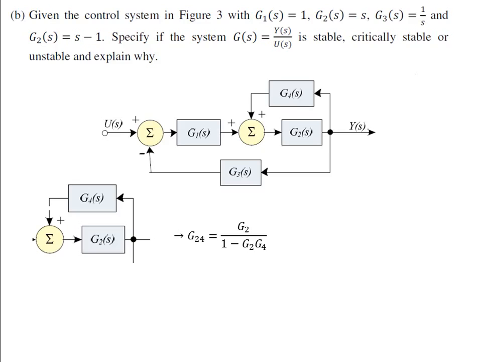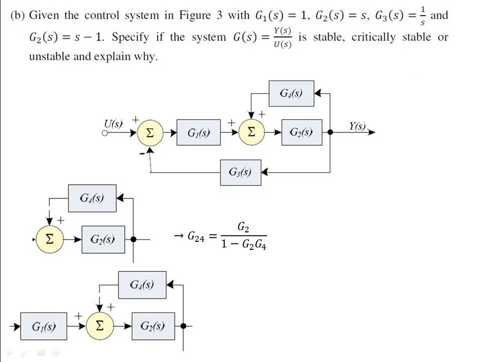If we substitute this positive feedback loop with this transfer function, we will have G1 and G24 in series. The equivalent transfer function of two series blocks is their multiplication. So G124 will be equal to G1 multiplied by G24, which will be equal to G1 G2 over 1 minus G2 G4.